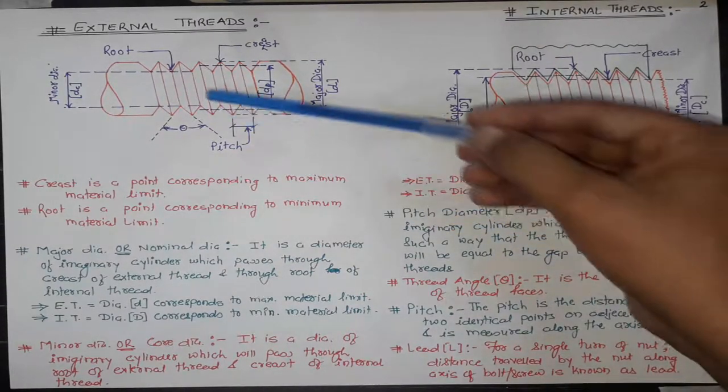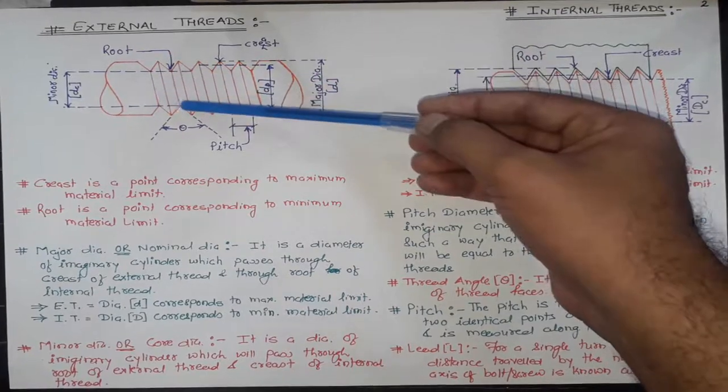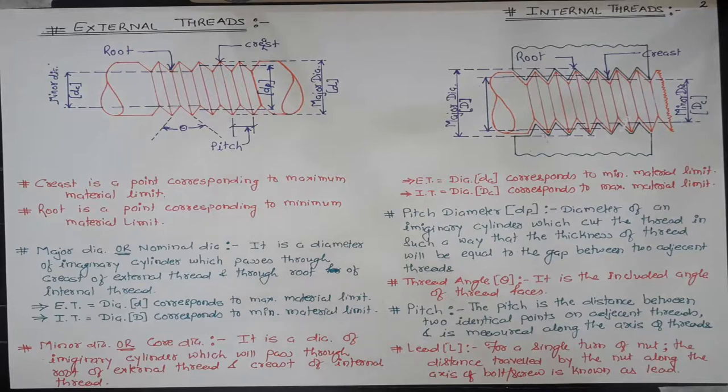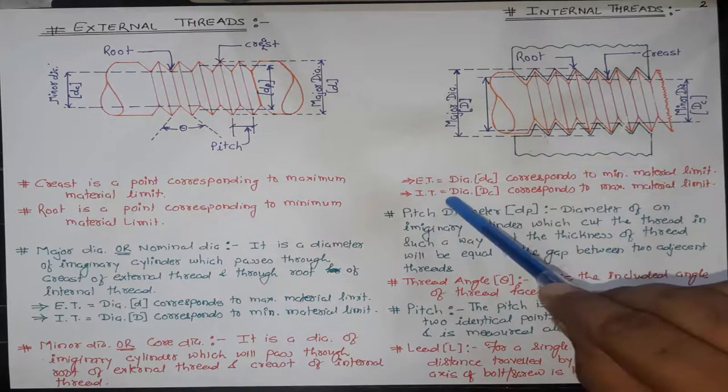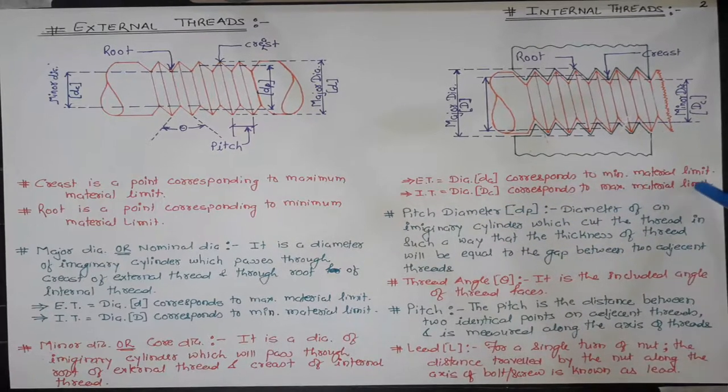In other words, the cylinder passing through the root point of the external thread will have the minimum cross-sectional area, while for an internal thread, the minor or core diameter corresponds to the maximum material limit. That is, the imaginary cylinder passing through the crest point of an internal thread will have the maximum cross-sectional area.